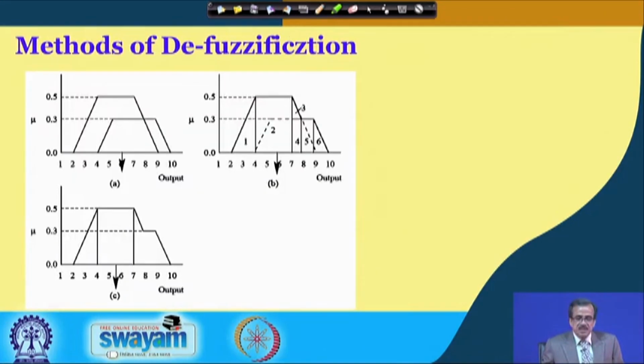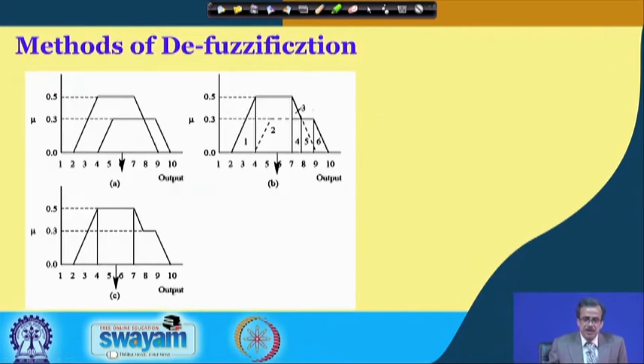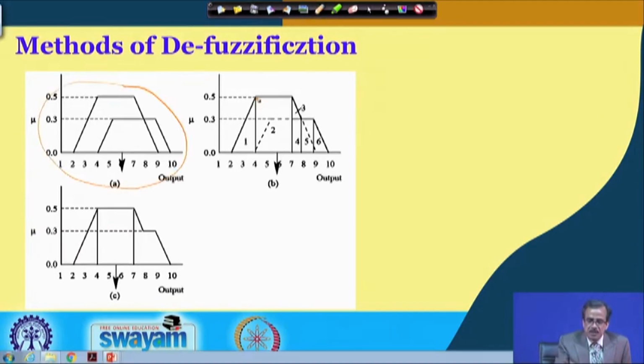Now, I am going to discuss another technique, called the centroid method. Here, we take the help of the centroid method. This output is the output of the combined control action, and it is divided into a few standard subregions.